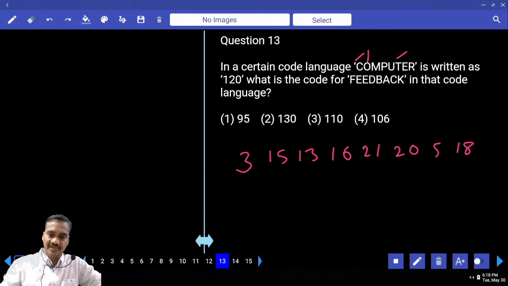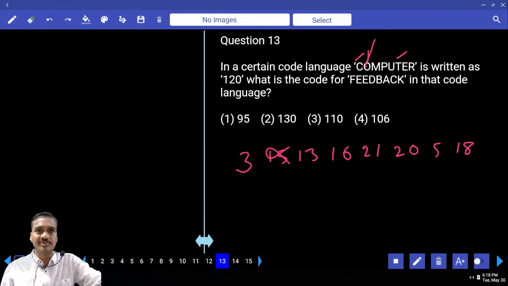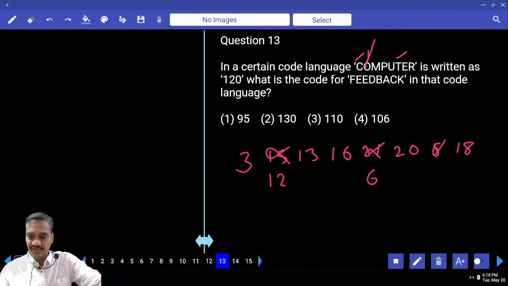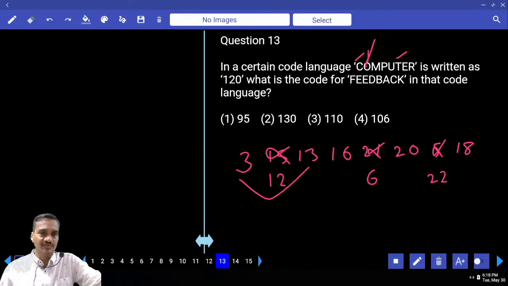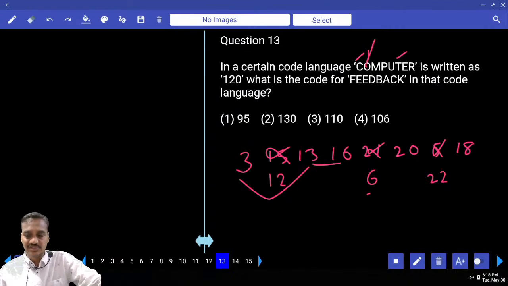Then now if you take vowels, what should we take for vowels? Opposite. Now opposite letter, what is the opposite letter here? 12. And next one, P, U. For U, 21 plus 10 should come, 6. Then for this one E, it is 22. Then if you add this one, 3 plus 12, 15. 15 plus 13, 28 plus 16, 44. 44 plus 6, 50.